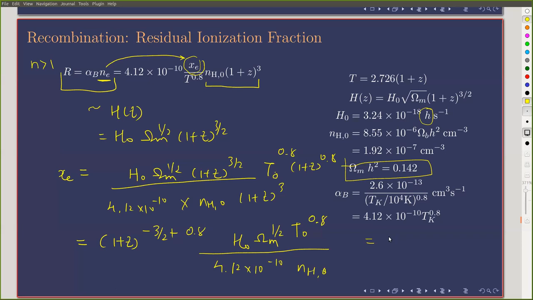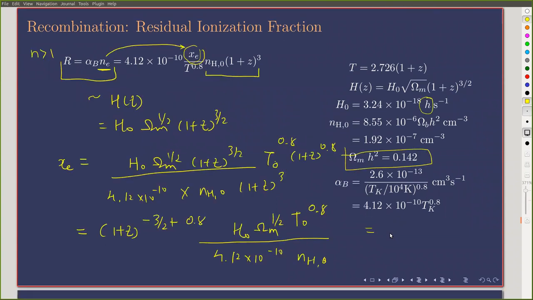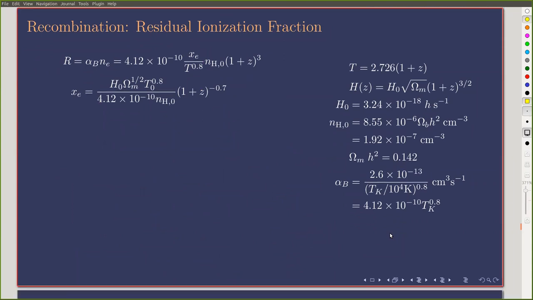I think the time is over, so let's just finish this residual ionization fraction calculation and then I'll stop. They can also calculate and interact in the Slack channel. Please come up with your answer and put it in the Slack channel.